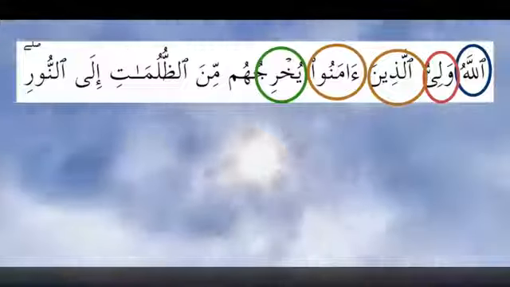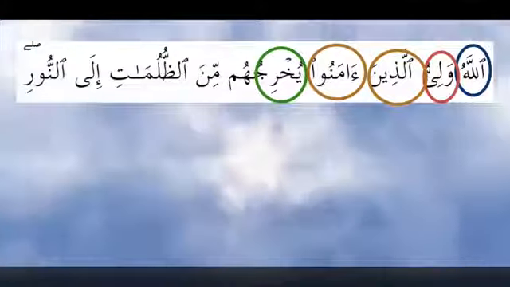So the hum represents allazina amanu, those who believe. He brings them out. Allah brings them out. So where does he bring them out from? Minaz zulumati, jar majrur, from the darkness, ilan nur, again jar majrur, into the light. From darkness into the light.